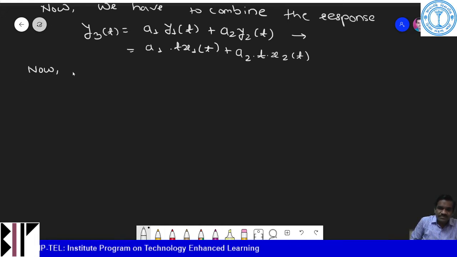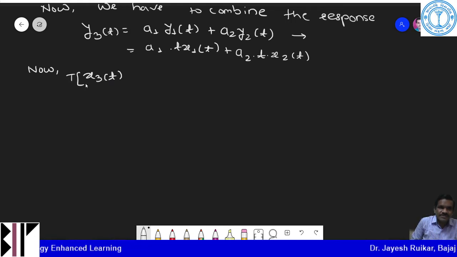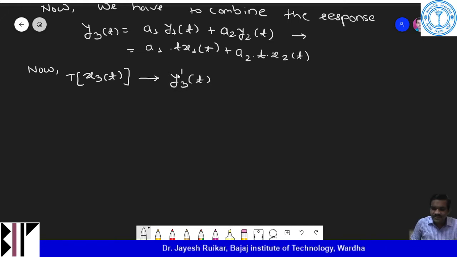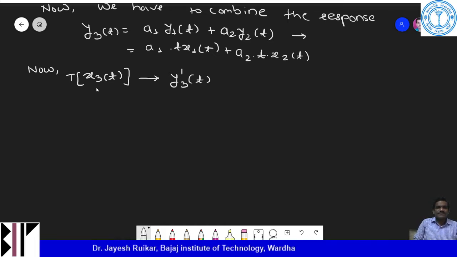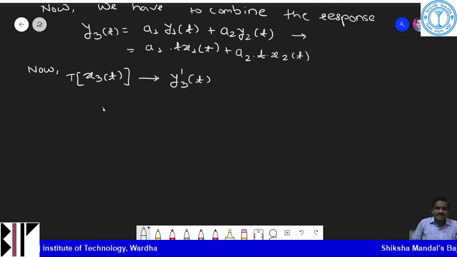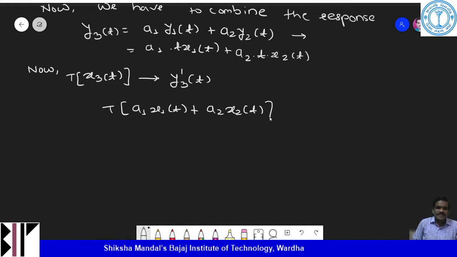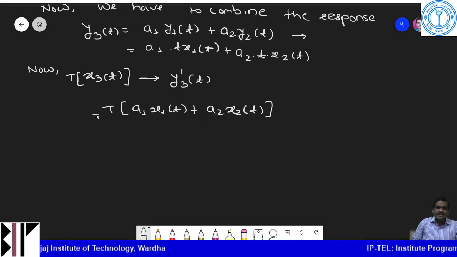Now suppose we apply the transformation on x3 of t, which gives us y3 dash of t. What is x3 of t? X3 of t is nothing but the combination a1 x1 of t plus a2 x2 of t, and on that we have applied the transformation.